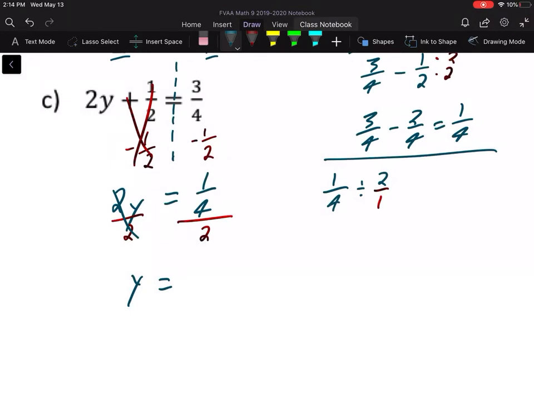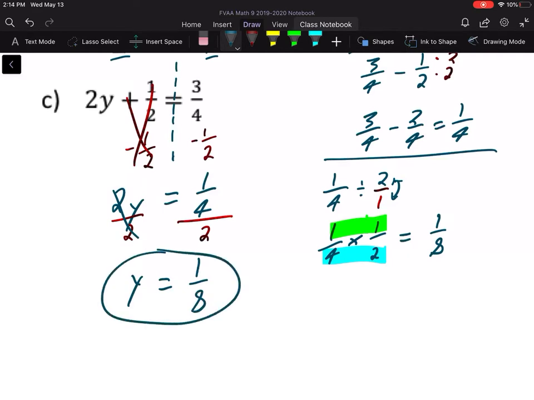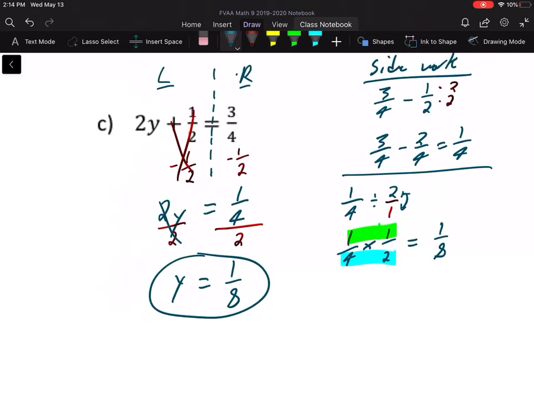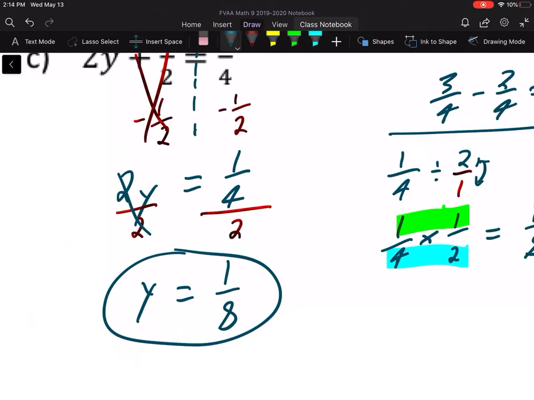And then you can change this to 1 over 4 times the reciprocal, 1 over 2, which gives me top times top, bottom times bottom, gives me 1 over 8 as my final answer. Okay? Notice when I do the division at this step here, I always make my division line longer than the fraction line that I'm dividing.